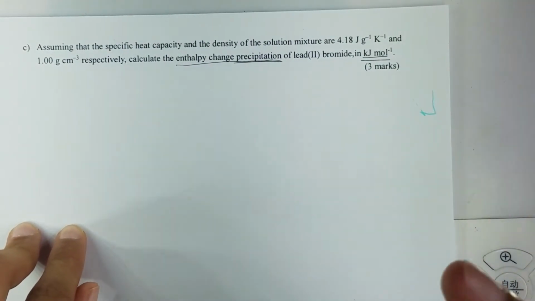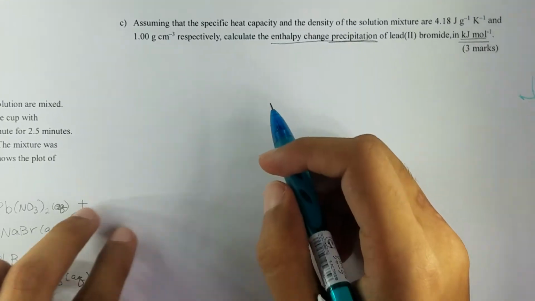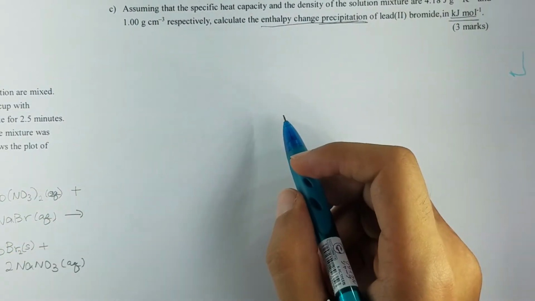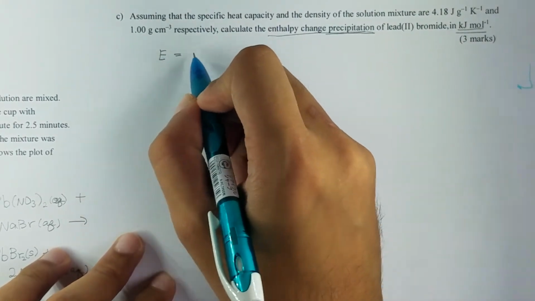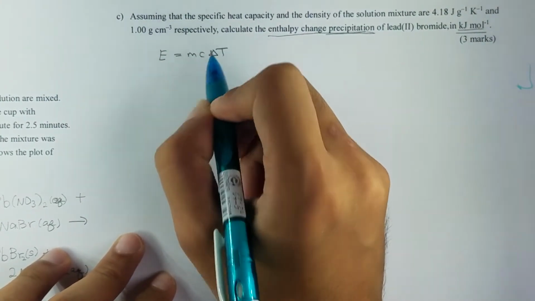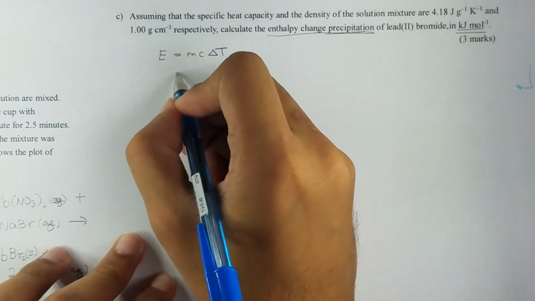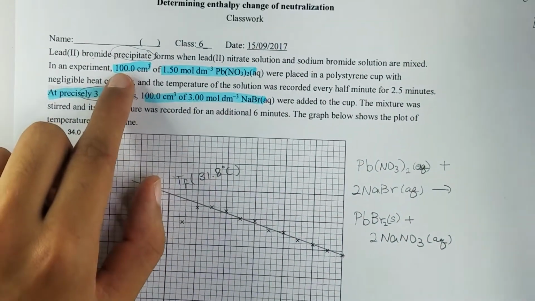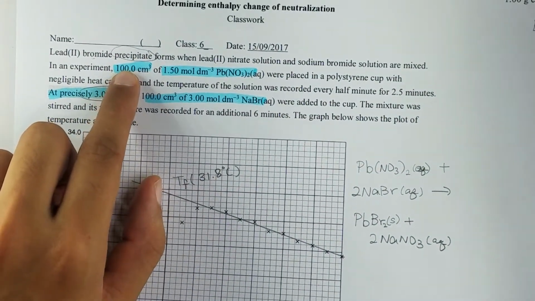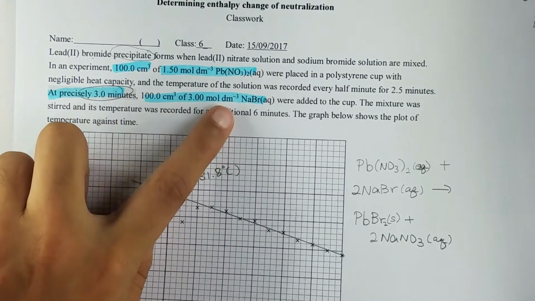So first thing, we have to find the energy required as well as the number of moles. First off, let's find the energy required, the heat. So E equals mc delta T. What is the mass? We have two things: 100 cm³ of lead nitrate and 100 cm³ of sodium bromide.